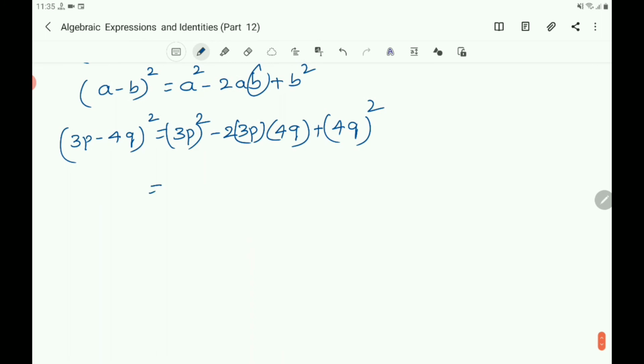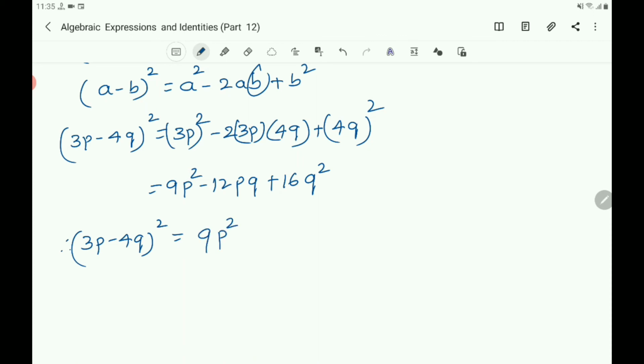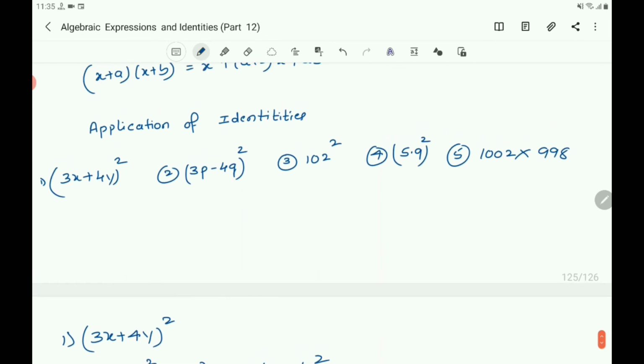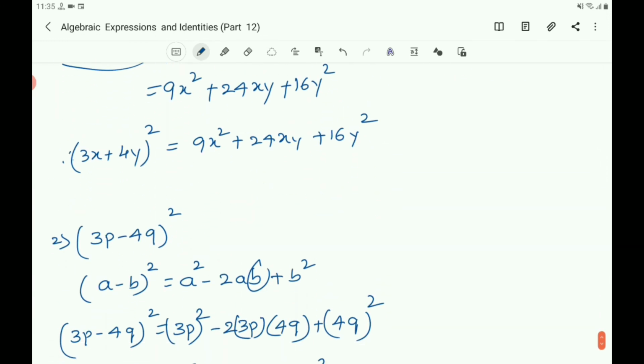That equals 3p whole square is 9p square minus 2 into 3 into 4 is 12pq plus 4q whole square is 16q square. Therefore, the expansion of 3p minus 4q whole square equals 9p square minus 12pq plus 16q square. Then you take the third one, 102 square.